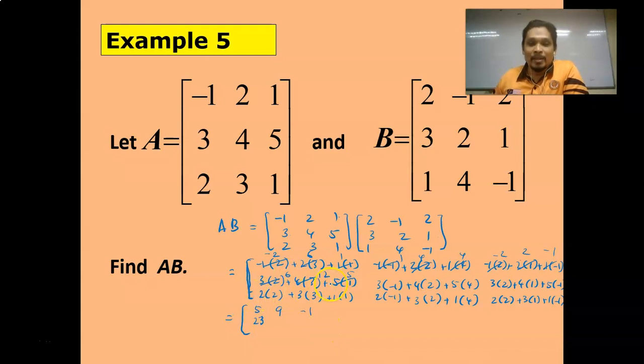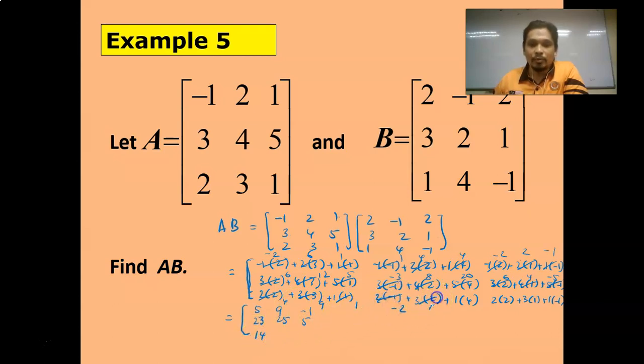Okay. 3 times 1, negative 3. 4 times 2, 8. 5 times 4, 20. 20 plus 8, 28 minus 3, 25. Okay. 3 times 2 equal to 6. 4. 5 times negative 1, negative 5. 6 plus 4, 10 minus 5 equal to 5. 2 times 2 equal to 4. 3 times 3 equal to 9 and 1. 4, 9, 13 plus 1 equal to 14.